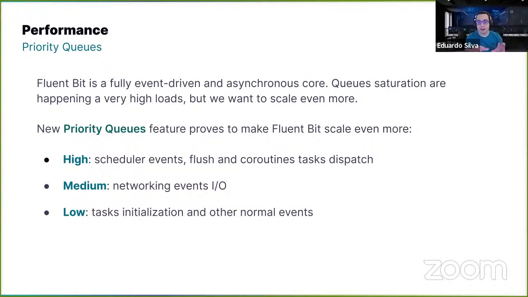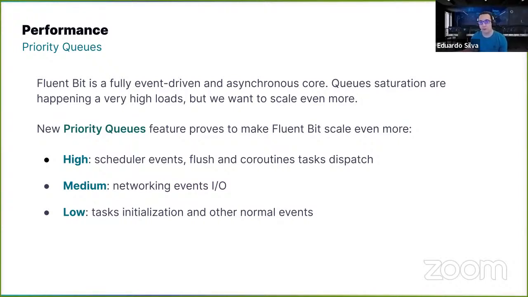So part of this work was, okay, let's take all of the events that the event loop is going to handle, and put them in different buckets of priority, high, medium, or low, and put certain events in each one of them. And this ended up being, I think, 2 or 3 times more performant than the old mechanism. This is nothing that you have to enable, it's just there in Fluent Bit 1.9.